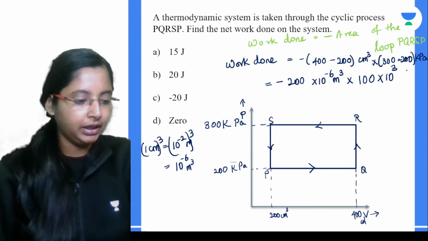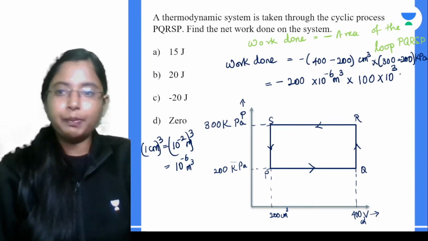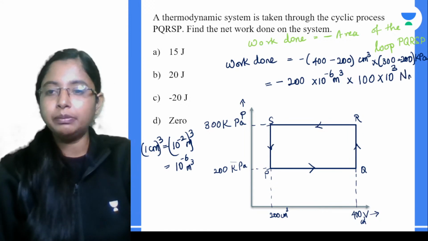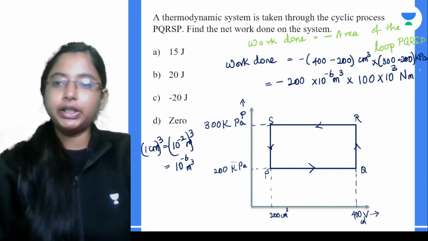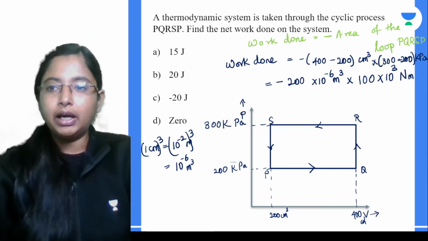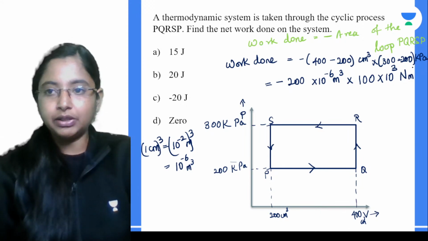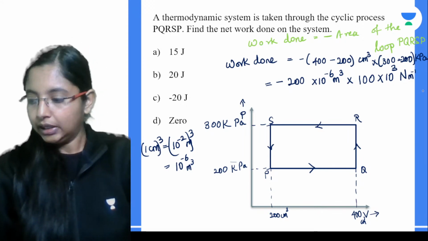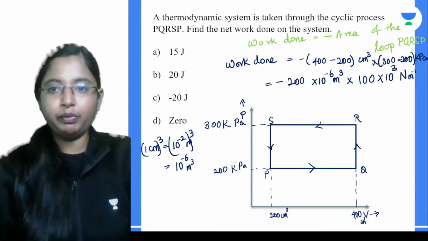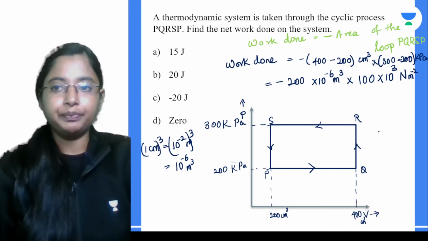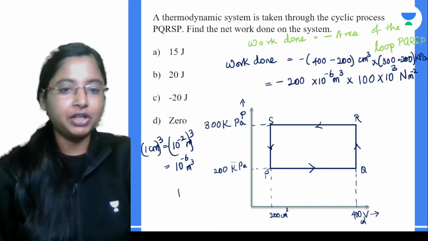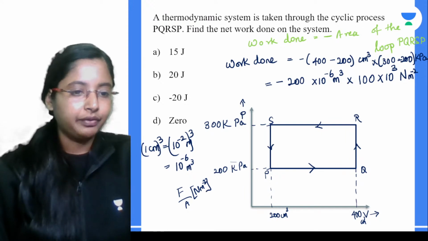We can write Pascal in terms of Newton per meter square. Because kilopascal, Pascal, we are talking about pressure, which is nothing but force per area, so pressure is Newton per meter square, very simple.